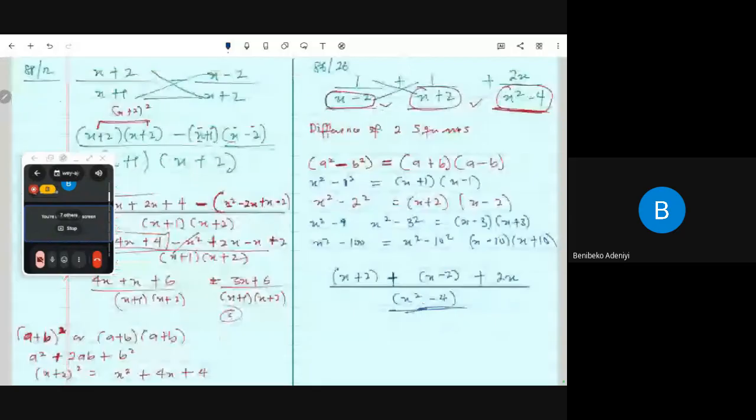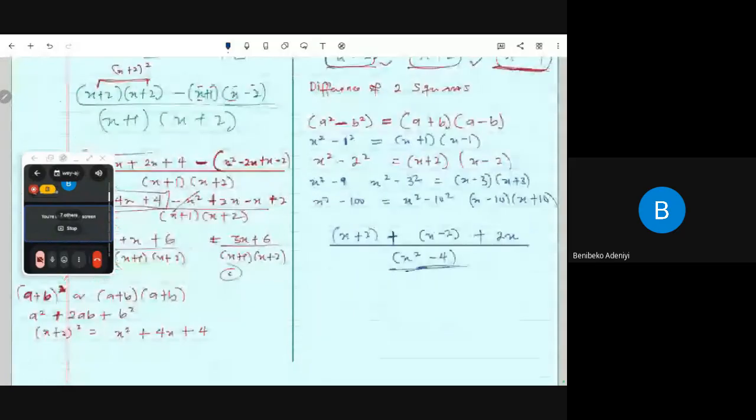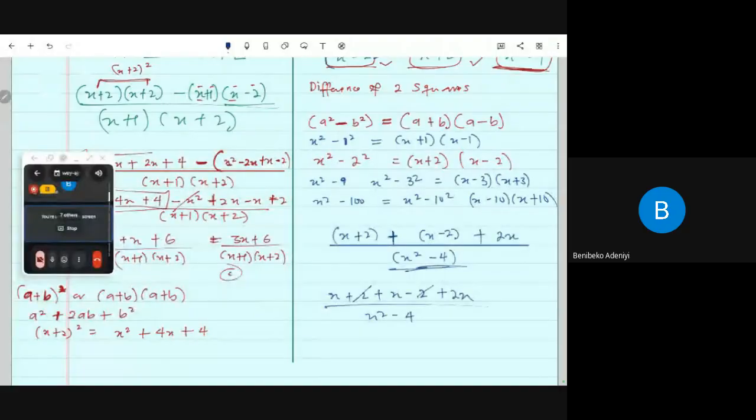It's just to solve the numerator. You have (x plus 2) plus (x minus 2) plus 2x over x squared minus 4. 2 and minus 2 will cancel, and x plus x, that's 2x, plus 2x, that's 4x.